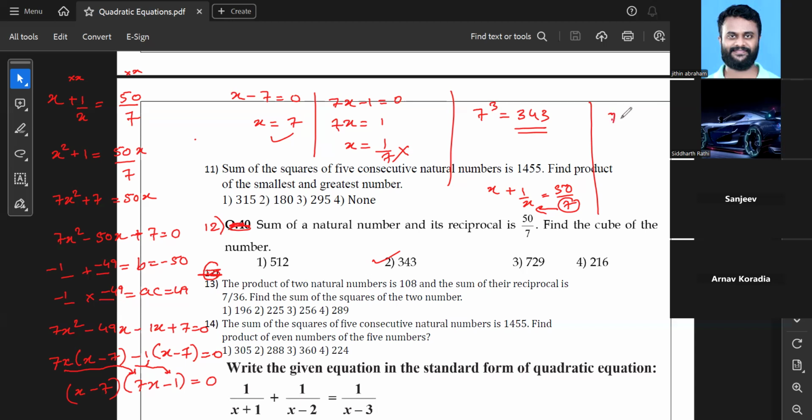So when you try 7 plus 1 by 7, most of the times it is this answer. Only in some cases it may not work. At that time, take the factors. Instead of 7, take the multiples: 7 twos, or maybe 7 threes, or maybe 7 fours, something like that. Just in case this does not work, then only you try the other option. Otherwise, it will definitely work.